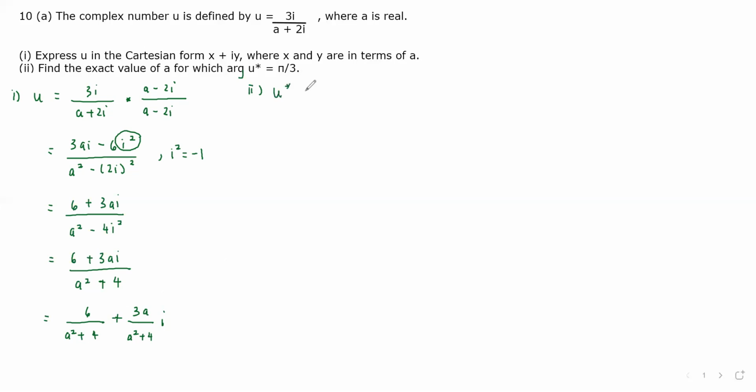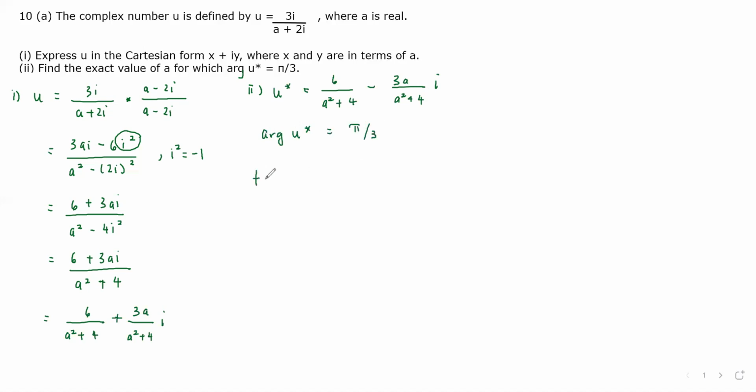The conjugate of u is just u, where this positive sign is changed to a negative. So the conjugate of u is 6 over a squared plus 4 minus 3a over a squared plus 4 i. The argument of the conjugate of u is pi over 3.